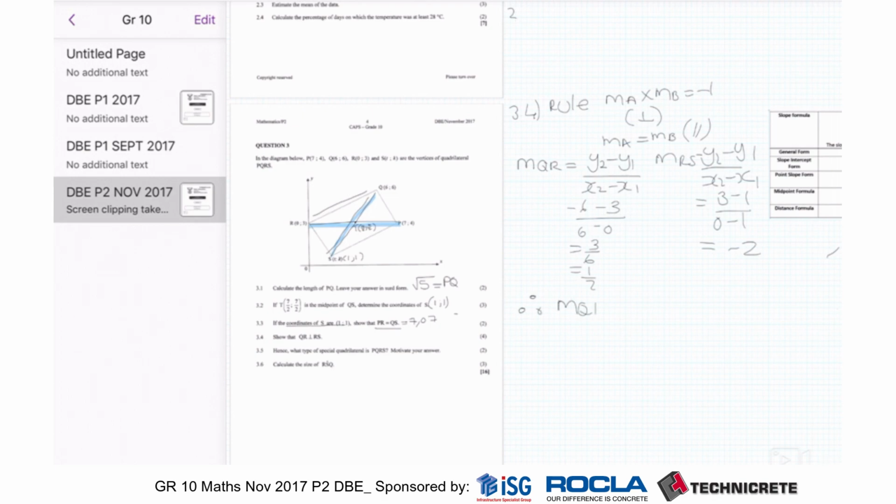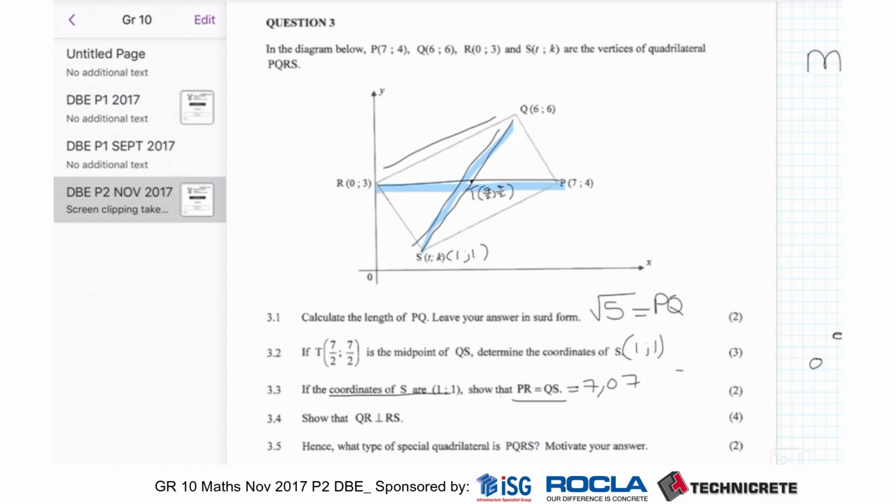Gradient QR times gradient RS is equal to a half times -2, which is equal to -1. Therefore, QR is perpendicular to RS. So let's fill that in. That is going to mean that there is a right angle right there. I'm going to take out some of this unnecessary information.